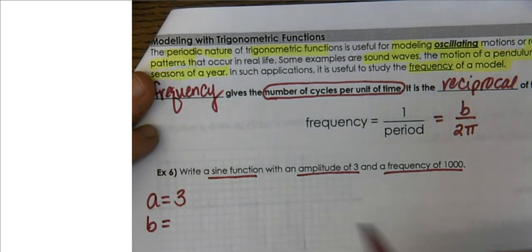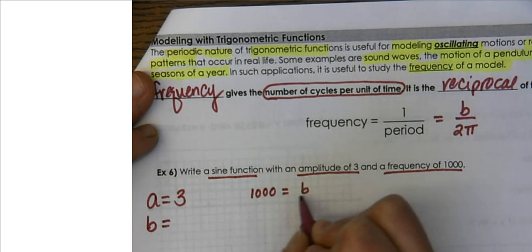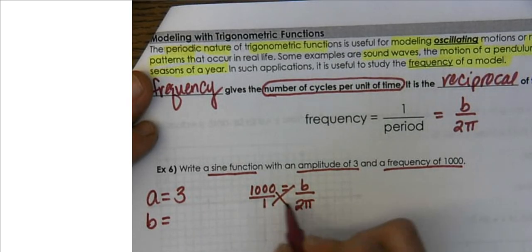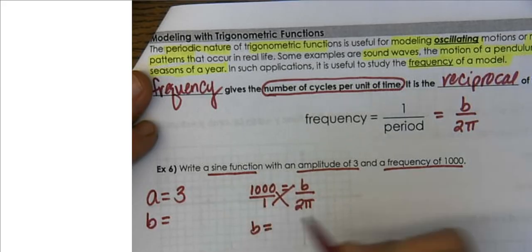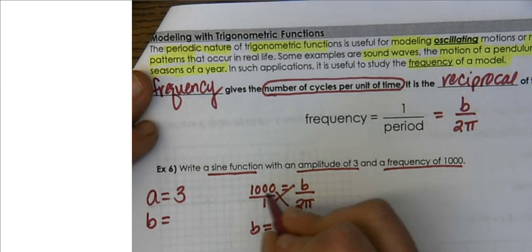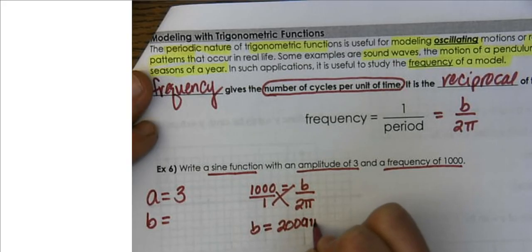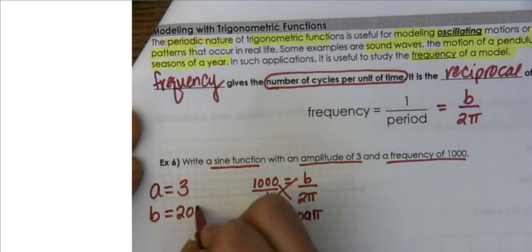So I do know that 1,000 would be equal to B divided by 2 pi. This is a proportion, and we can make that 1,000 be over 1, and we can multiply both sides basically by 2 pi, or we can do cross product. And we find that B is equal to 1,000 times 2 pi, which is 2,000 pi. So that's what we found B to be, 2,000 pi.